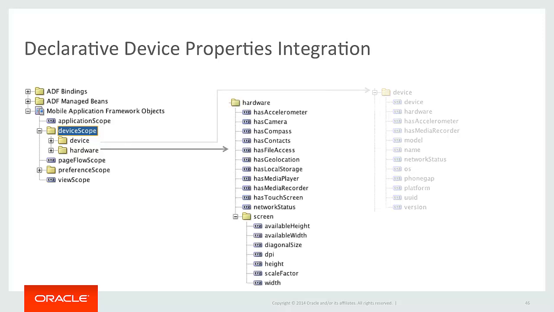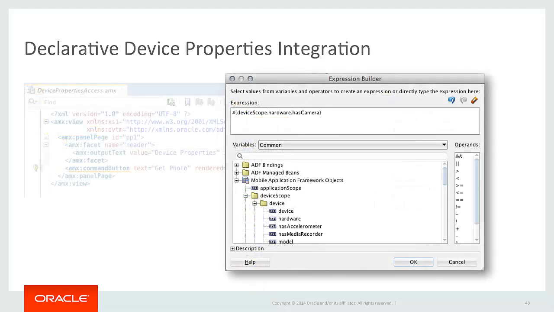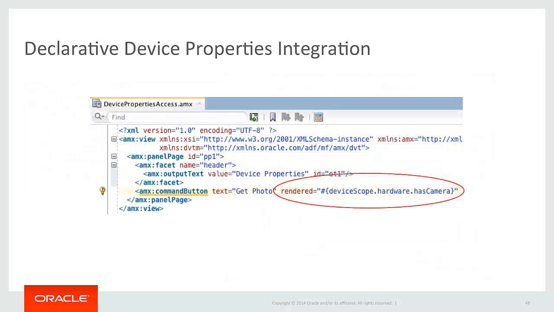Each of these is something that you can use declaratively, because as soon as you click on one of the functionalities, like here I clicked on has camera, it composes an expression language string for that. And this expression language string gets copied into the source code. Now for this page, when I run it on a mobile device, if the camera is not available to me, that button will be hidden.